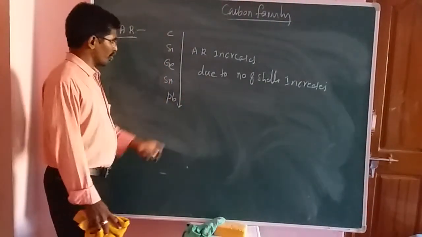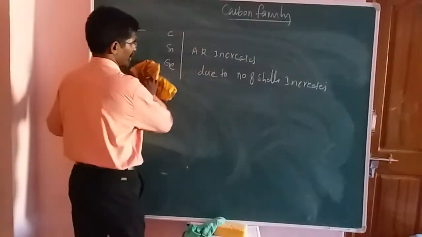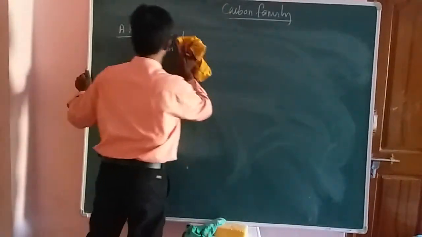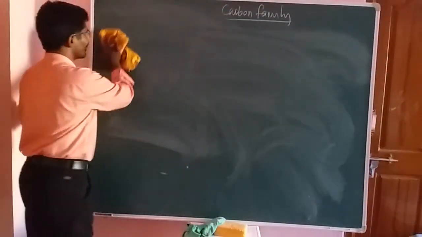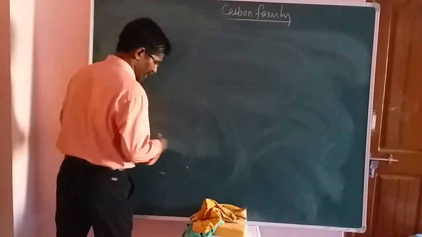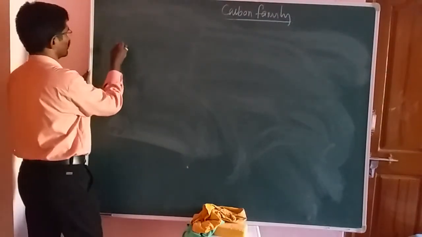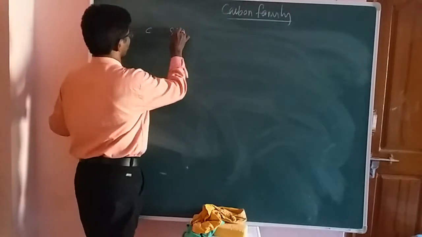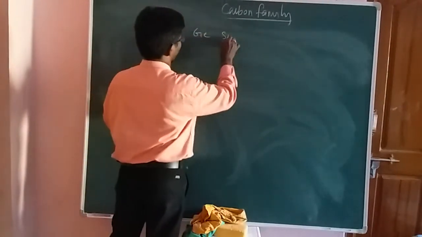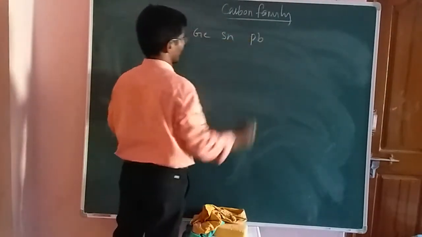Now we want to talk about the ionization potential of group 4A elements: carbon, silicon, germanium, tin, and lead.